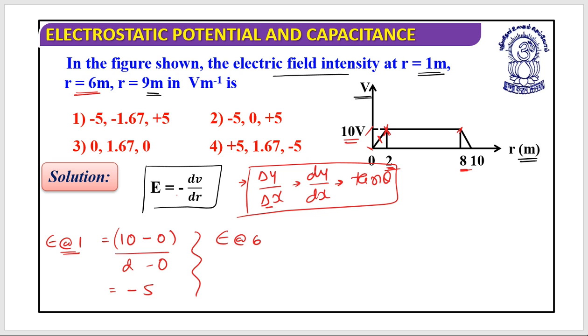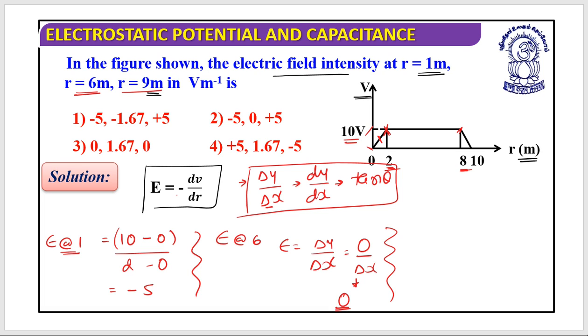No. If voltage does not change, then electric field is delta y by delta x, and as delta y does not change, it is 0 by anything. Doesn't make any difference because it converts to 0 only. Are you sure? Yes.